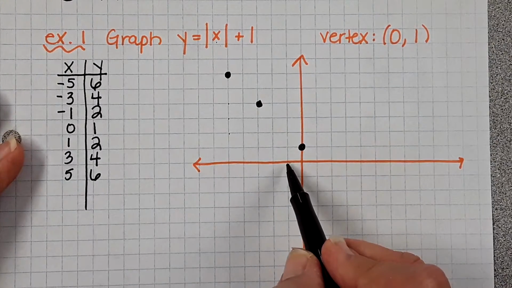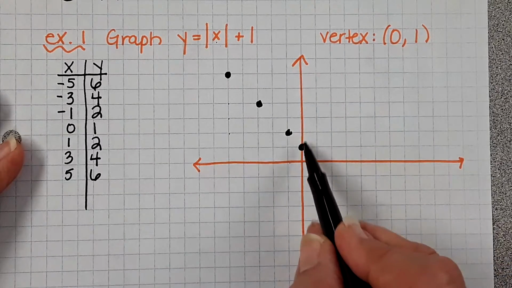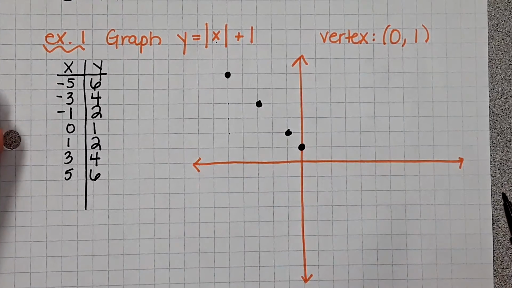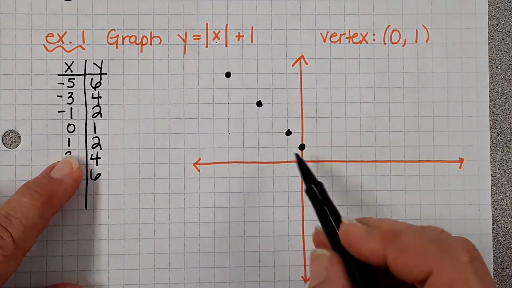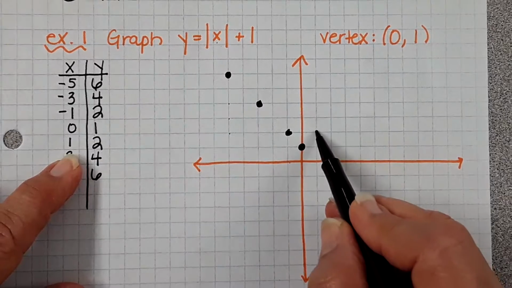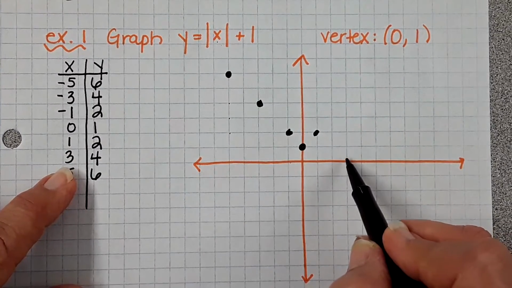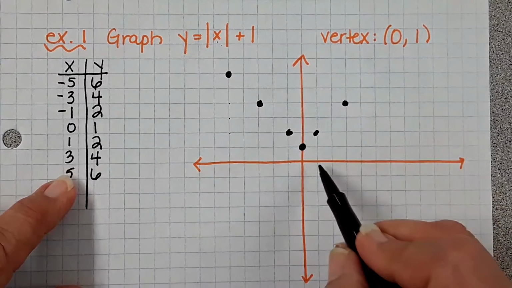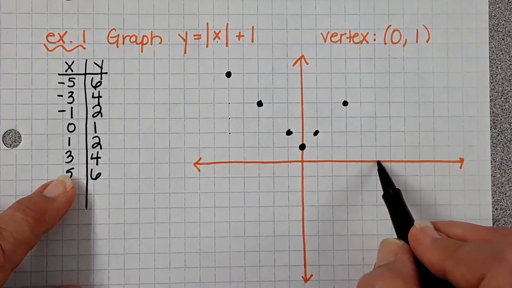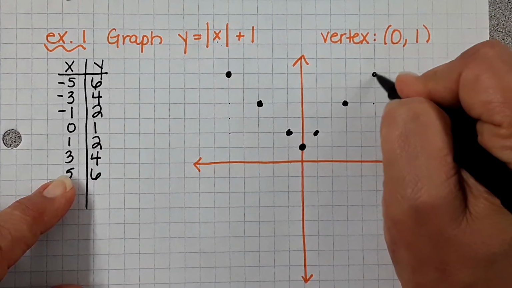Over to -1, up to 2, 1, 2. 0, 1, I already got that one graphed. Now, it should start looking like a mirror image, okay? So I'm going to go over to 1, up to 2. Then over to 3, up to 4. Then over to 5, up to 6.